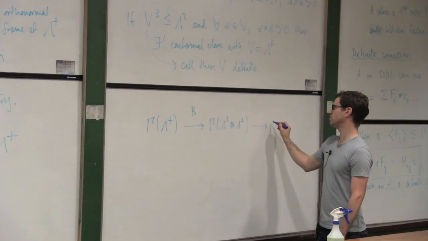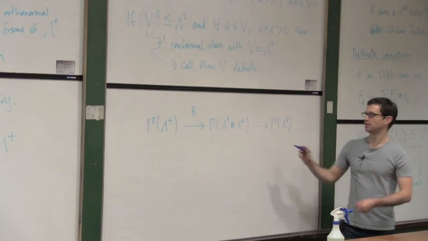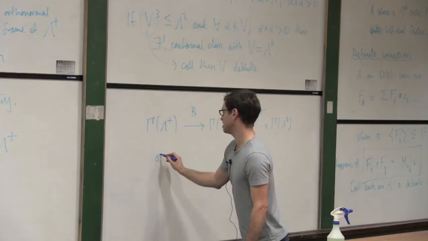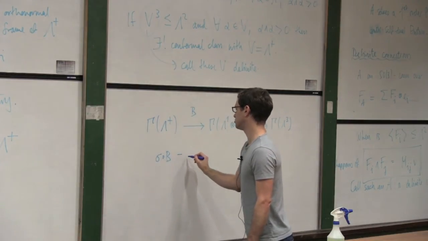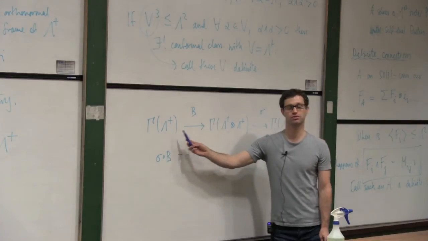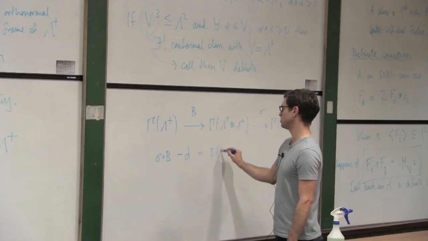And then I can just skew symmetrize to get a section of lambda 3. Okay. So let's call that, I don't know, sigma. So now I can look at sigma done after B, and I can subtract the ordinary exterior derivative, because these are just two forms. I take an exterior derivative of the 2 form, I get a 3 form. And this guy is a tensor, and it's just the torsion of B.